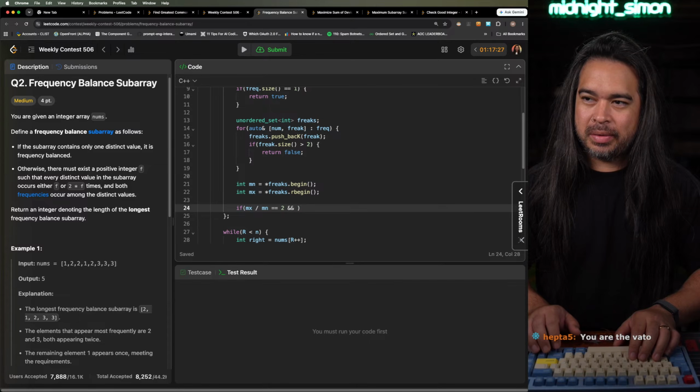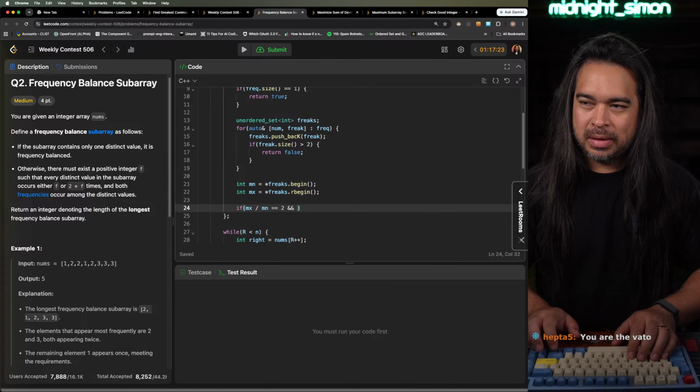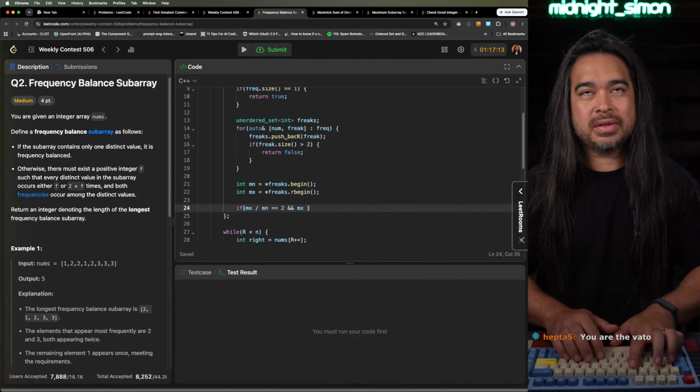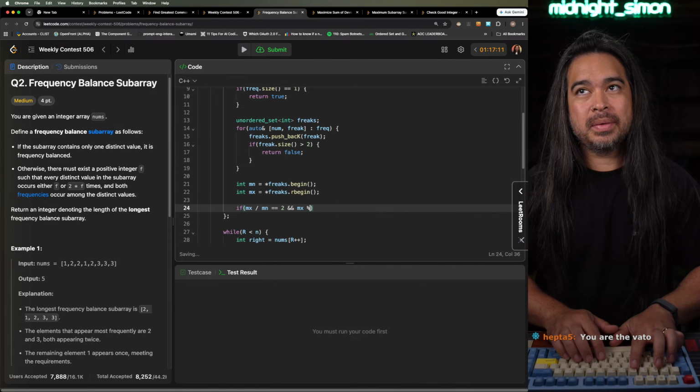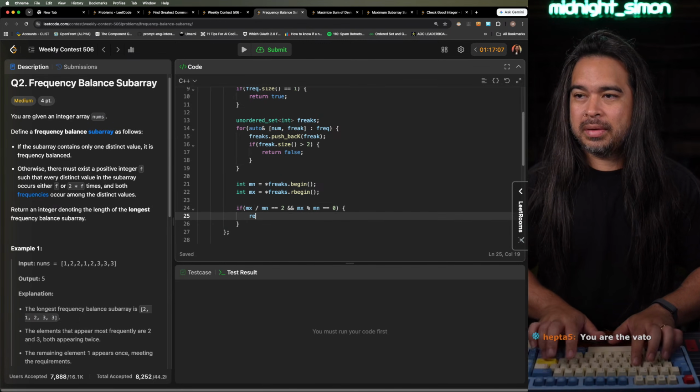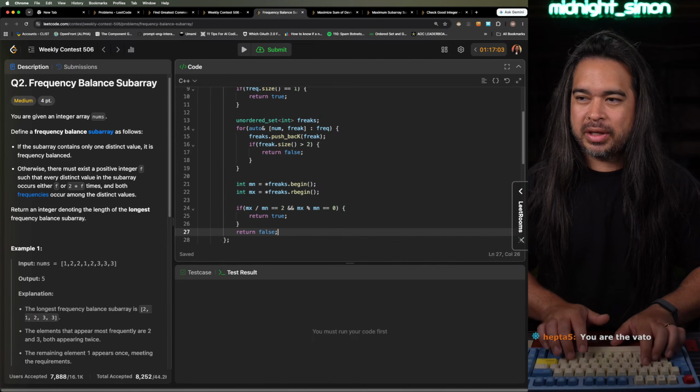But these are integers, so that's not gonna be a nice thing. Should I just convert one to a double and check? Or should I do that and say max mod min? I don't know if that's weird, man, but I'm gonna try that.